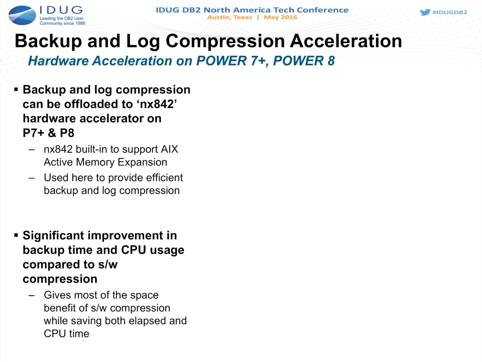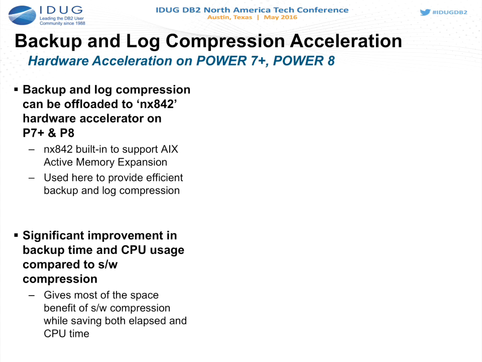Another thing that we're pretty excited about, specific to Power processors, is the ability to exploit the compression accelerator, which exists on Power 7 Plus and above processors, for our built-in backup compression. Now, you might be familiar with this accelerator. It's called the NX842 accelerator.